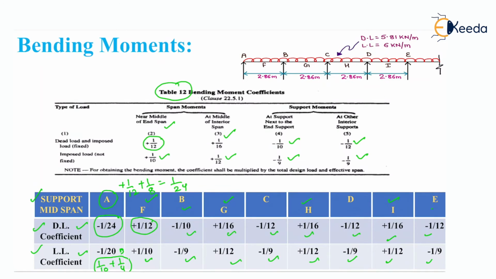Now the negative sign at a support is because of hogging bending moment at the support, and the positive sign at mid span is because of sagging bending moment. Now from the diagram we can draw the deflected shape of the beam. At all supports hogging comes and hogging is negative, and at mid span sagging comes and it is positive.